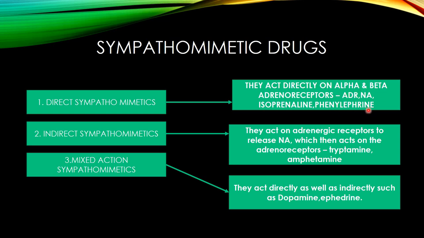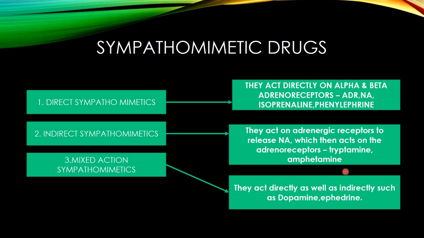Adrenaline, noradrenaline, isoprenaline, phenylephrine. Indirect ones act on adrenergic receptors to release noradrenaline, which then acts on the adrenoreceptors. That means there is an indirect effect on adrenoreceptors. Examples: tyramine, amphetamine. And third is mixed action sympathomimetics. They act directly as well as indirectly, such as dopamine and ephedrine.